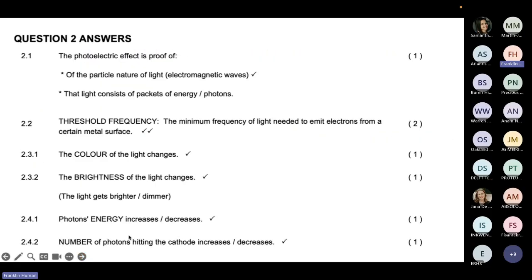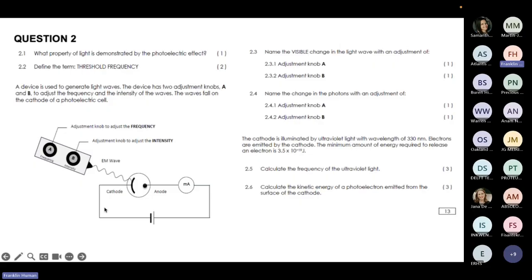So the color of light changes. I think by now we got that point, but we'll say it a couple more times, and bear with me, please. Forgive me.